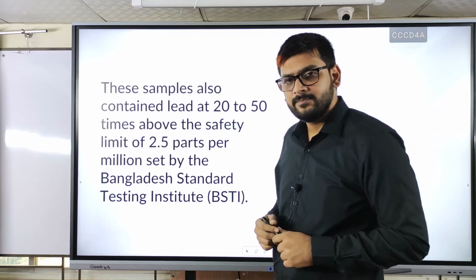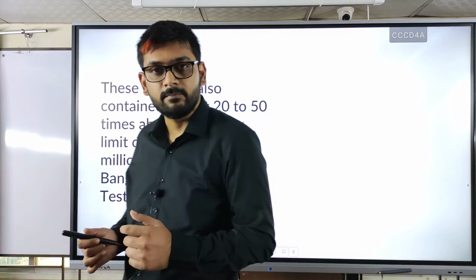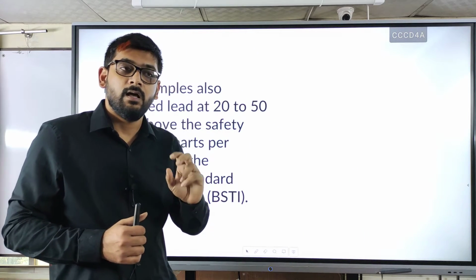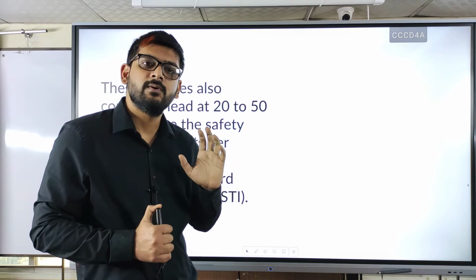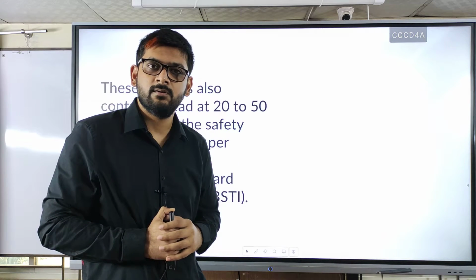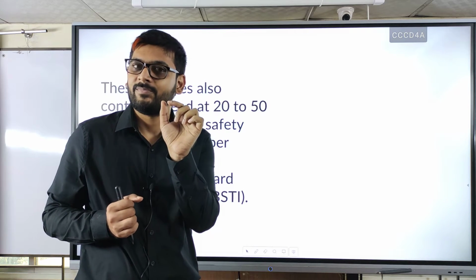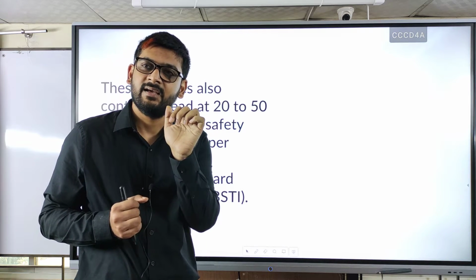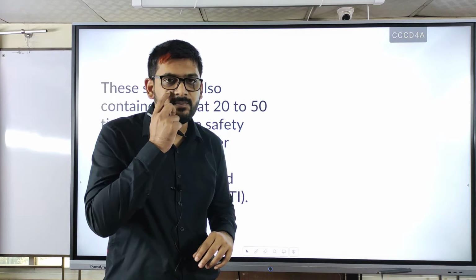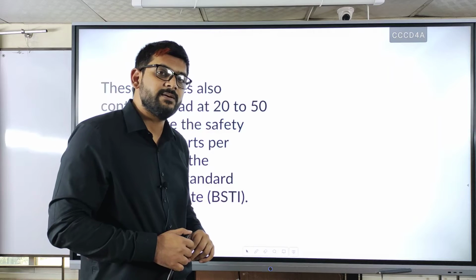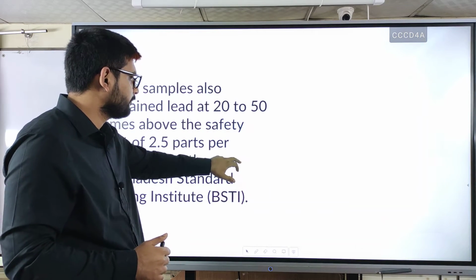And what is the limit? The limit is 2.5 parts per million. What is parts per million? ppm. Parts per million. In 1 million molecules of turmeric powder, we can tolerate 2.5 molecules of lead. It is acceptable. Anything above this is not acceptable. But the survey team has found that 20 to 50 times above the safety limit of lead has been used.